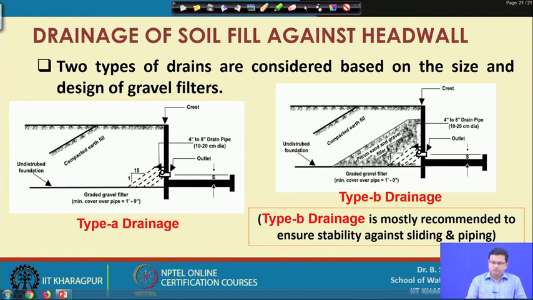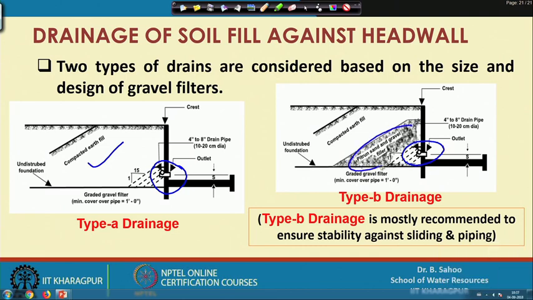Here you can see in case of type A, this is a graded gravel filter and the outlet is given here, and this is your backfill material, which is compacted earth fill. In case of type B the outlet is given here and there is a bitumen, sand and gravel filter shown. So, in most of the cases type B is recommended.